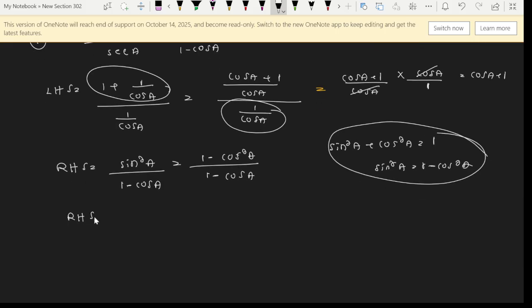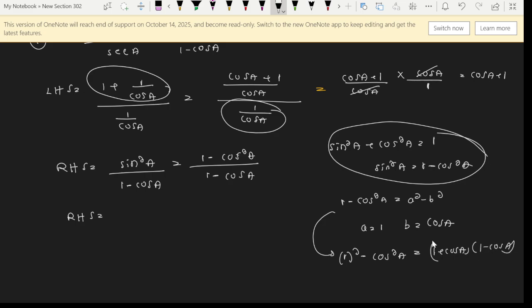The numerator 1 minus cos square A is in the format of A square minus B square, where A is equal to 1 and B is equal to cos A. So 1 square minus cos square A can be written as 1 plus cos A into 1 minus cos A.